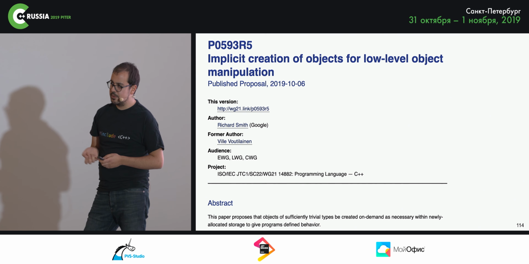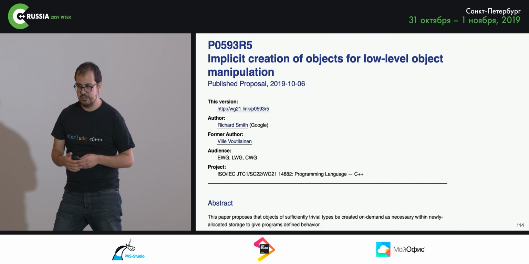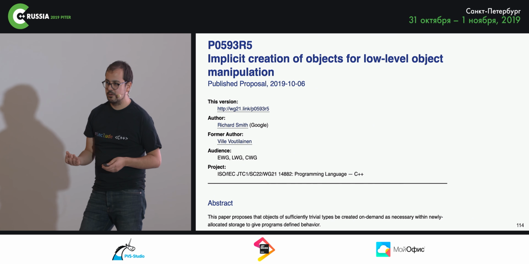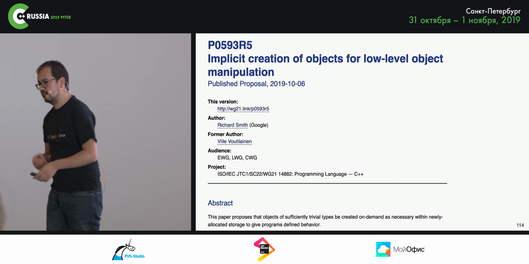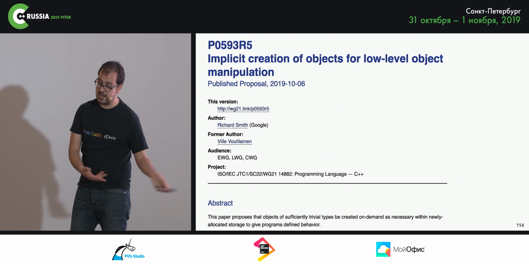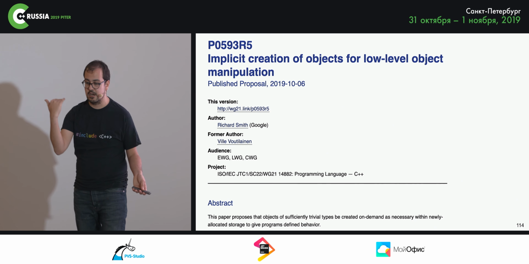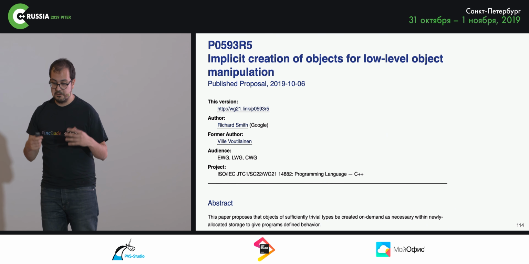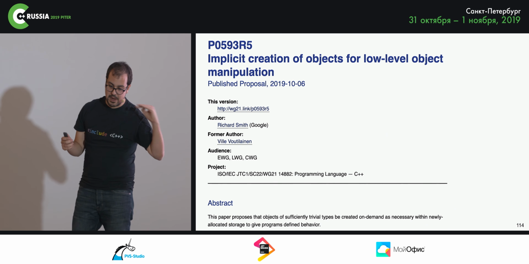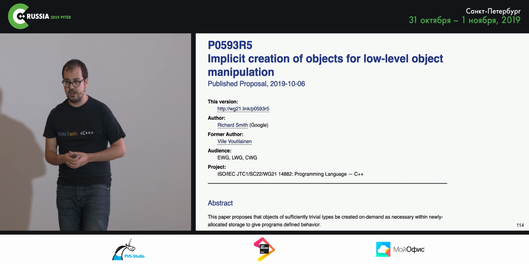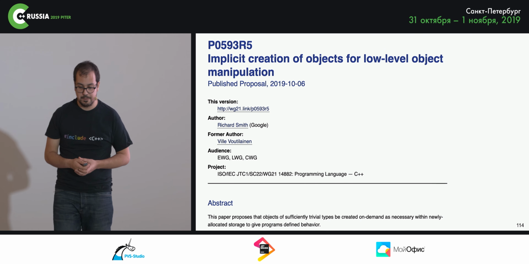But then at the last minute, on the Friday, the last day where wording could still be voted in, we just ran out of time. We didn't quite finish reviewing the wording of this paper, so it didn't make it for C++20, because that was the feature cutoff date. It just barely missed the deadline, so we probably have to wait for C++23 to get this paper.